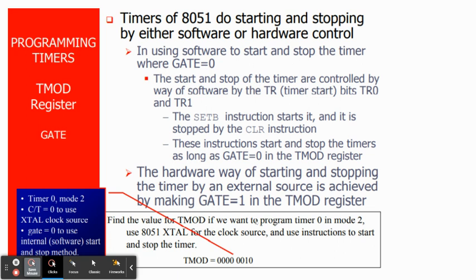So again, to answer this question, this is timer 1, mode 0, and timer 0, mode 2. Or we can just say that in general, this is timer 0, mode 2. Okay, so that's this page.